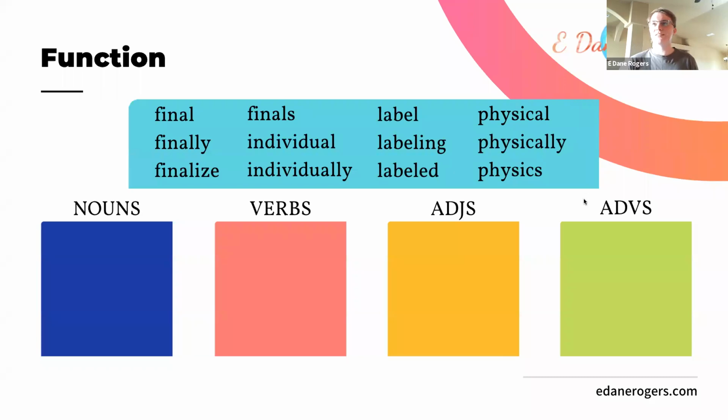How about finals with an S? I will say noun because you put an S, so that implies it's a noun. Exactly. And that's exactly what we're going to look at, as the definition of a noun is a word that can be plural or singular. So yes, finals is a noun.